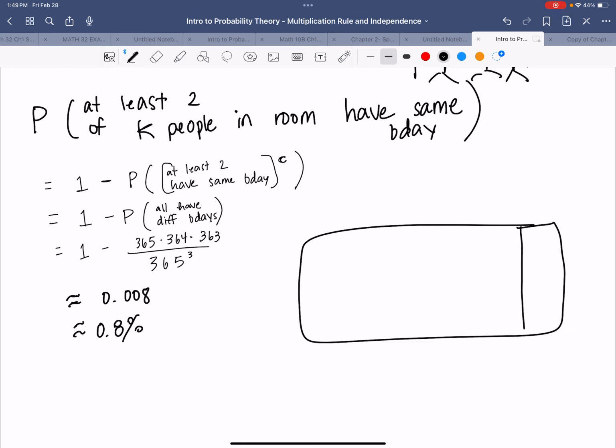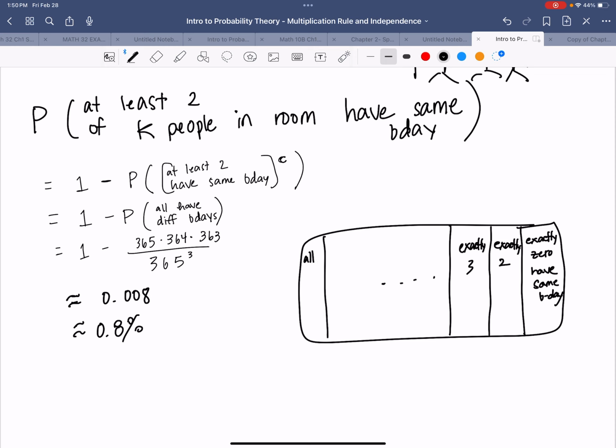And I'll have exactly 0 have the same birthday. So none of them have the same birthday. Everybody has a different birthday. 2 of them have the same birthday. 3 have the same birthday. And all the way up to, they all have the same birthday.